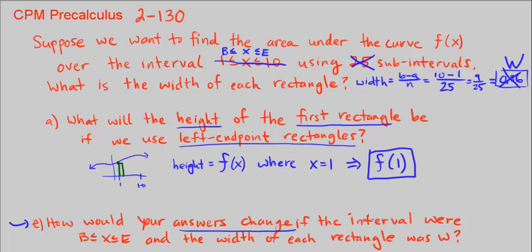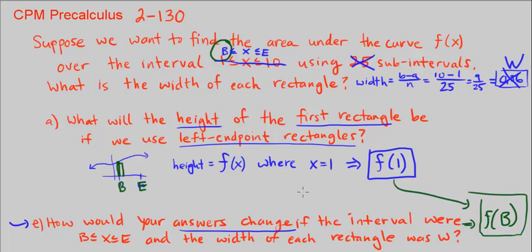So now our answer is going to change to be, instead of f at x is 1, it's going to be f where x is B. So the first thing is not 1 anymore, it's B, because we're going from B to E, so that height is going to become f of B. So we're going to go from f of 1 to f of B.